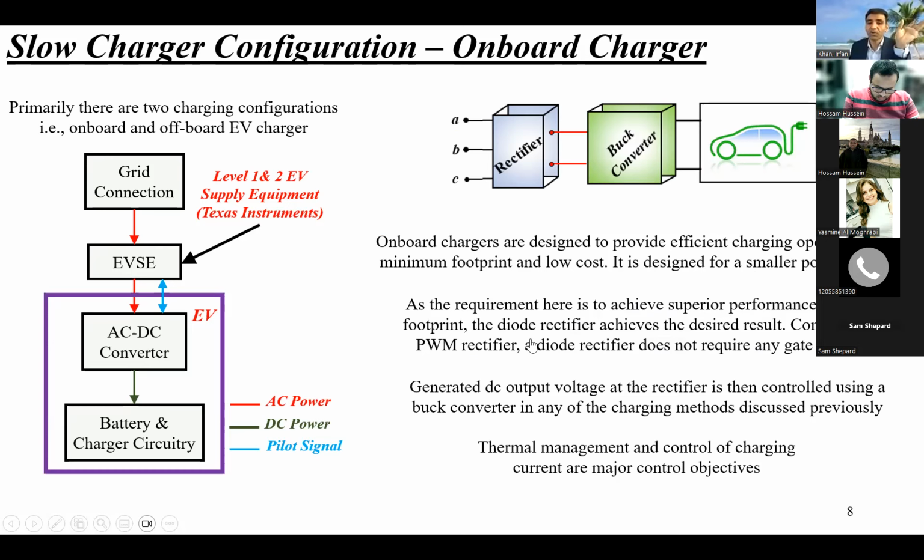Compared to a PWM rectifier, a diode rectifier does not require any gate circuitry, so they are lighter in weight. The DC output voltage generated at the rectifier is then controlled using a buck converter. Thermal management and control of charging are the main control objectives for this onboard charger, so that we do not produce a lot of heat, to avoid burning of the vehicle because they are onboard.